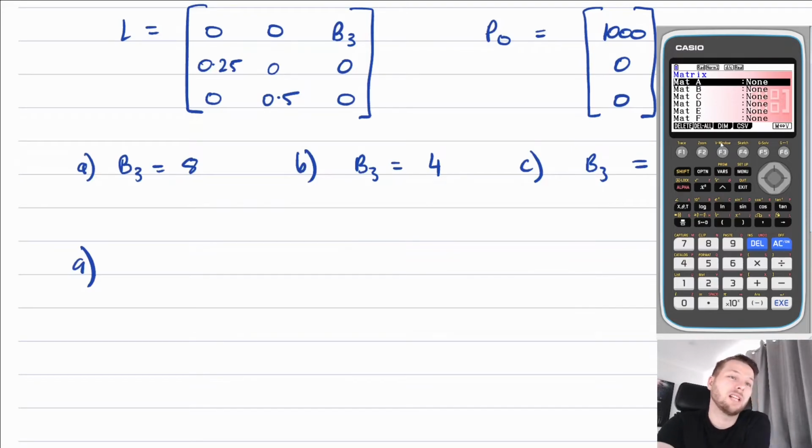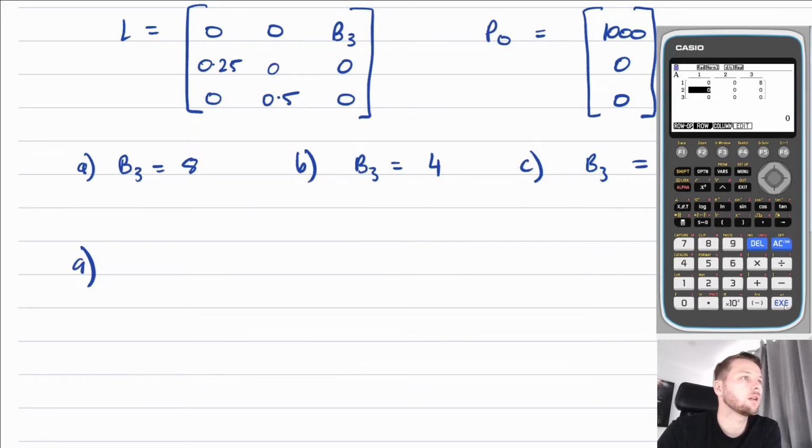We're going to store our Leslie matrix as matrix A. So we're going to press enter, and it is a 3 by 3 matrix. Enter. We've got 0, 0, 8. Then 0.25, 0 and 0, and then 0.5 for that second survival rate. Then we can press exit.